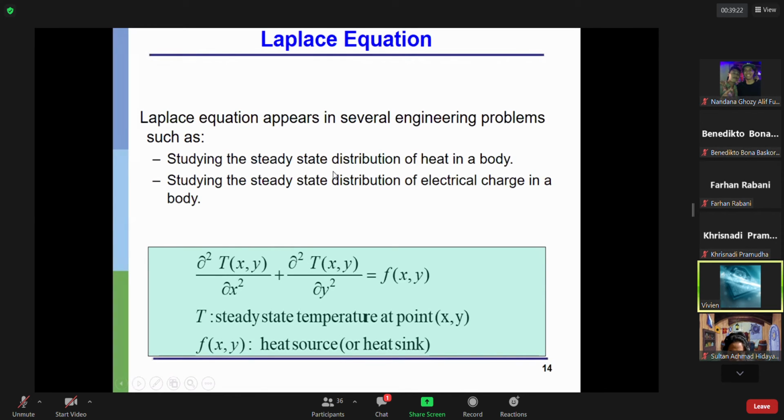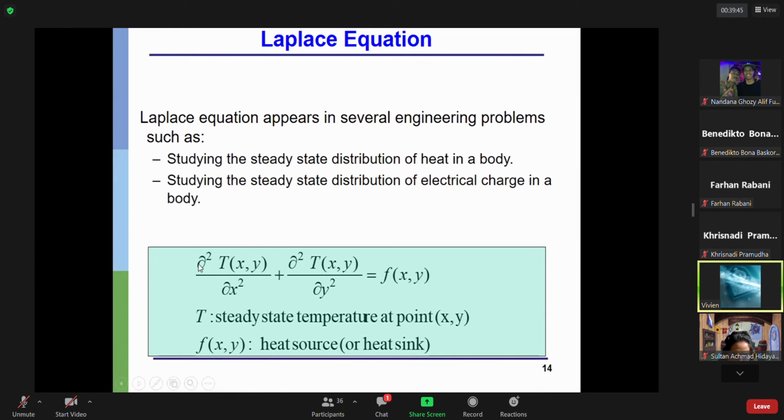This is the test case that we will use in the study. You can see this slightly overlaps with what you have learned in heat transfer. And then studying the steady state distribution of electric charge in a body is also the Laplace equation. Similarly, the equation is similar.